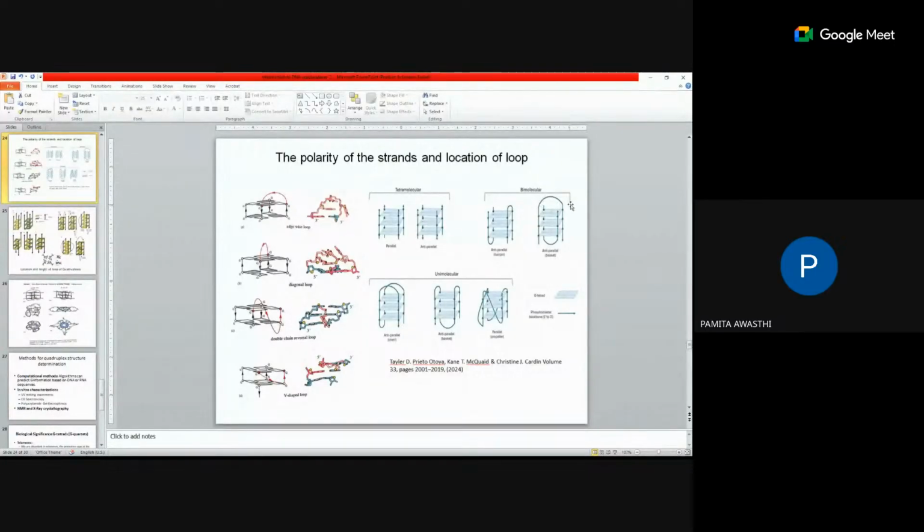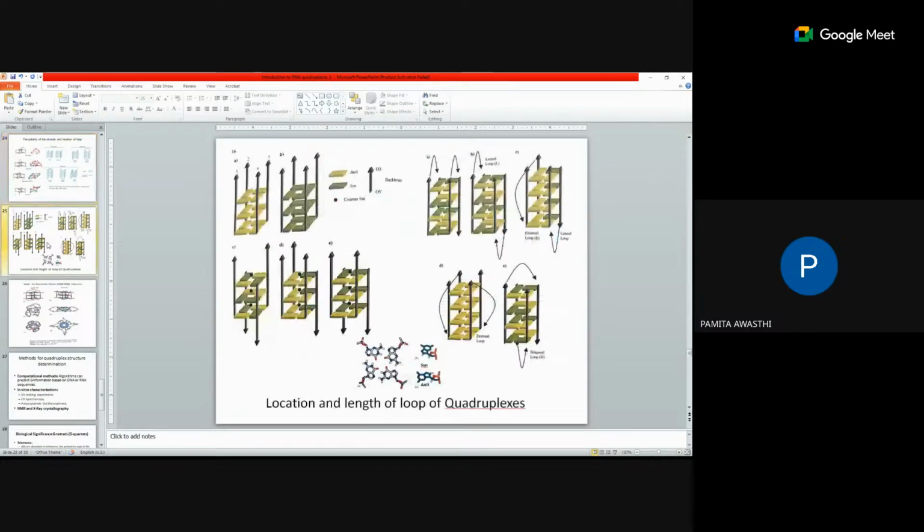Over here you can see this is the diagonal loop. It joins the opposite strand either on the same phase or in the opposite phase, or head to head or head to tail. In a more elaborate way, I will discuss it over here.